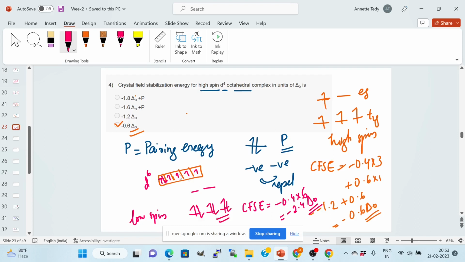In the initial metal we only had one pair. Here we have two more pairs. So essentially we should write CFSE is equal to minus 2.4 delta O plus 2P, because we have extra two pairing energies here.